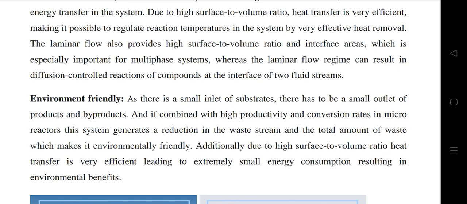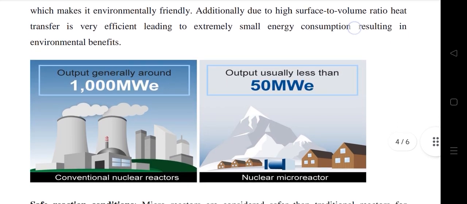Additionally, due to the high surface to volume ratio, heat transfer is very good, leading to extremely small energy consumption, resulting in environmental benefits.